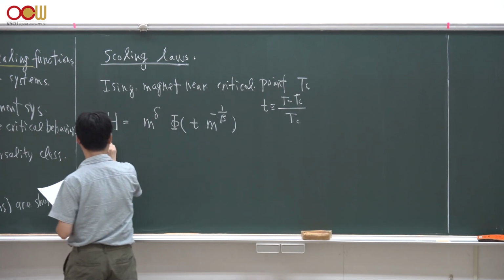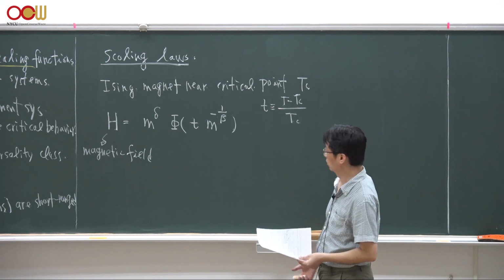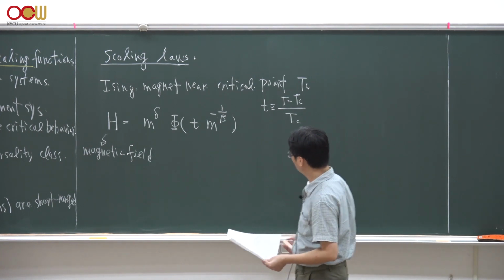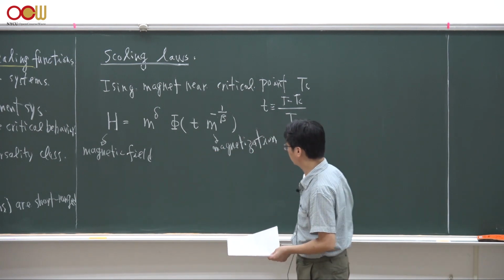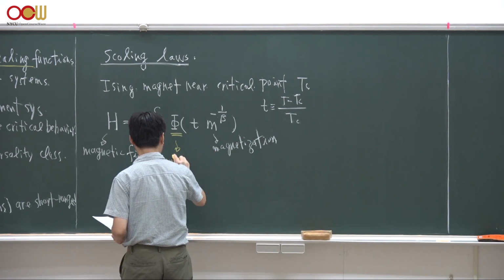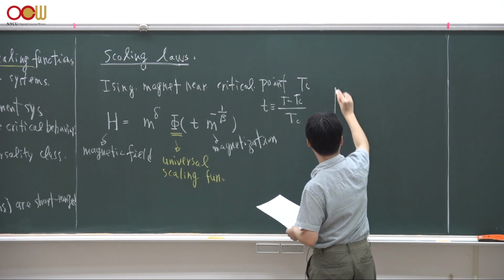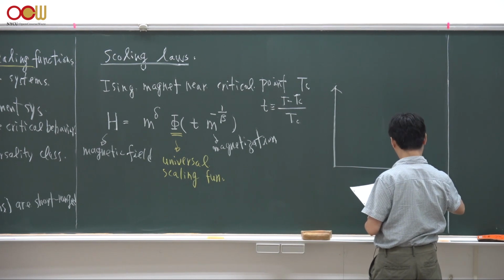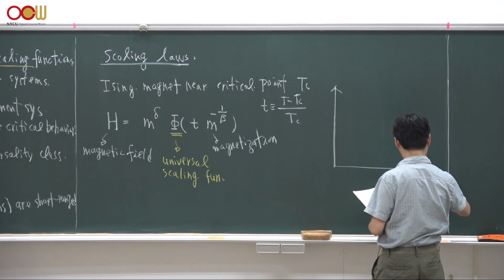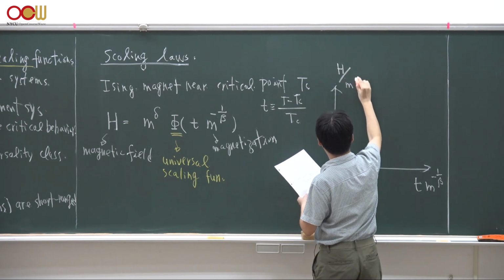and the magnetic field H. When the system is critical or near the critical point, this observable, say a magnetization, can be put into an equation called the universal scaling function. Let me use this plot that you can see in your textbook: t times m to the power of minus 1 over beta, and H divided by m to the power of delta.